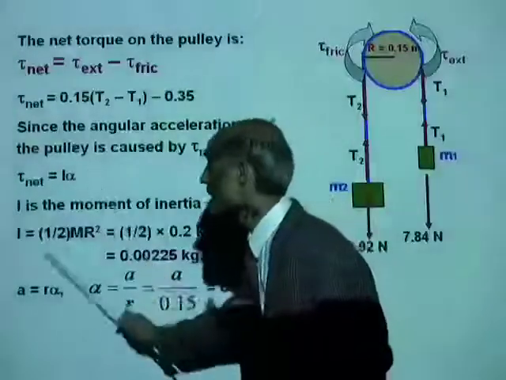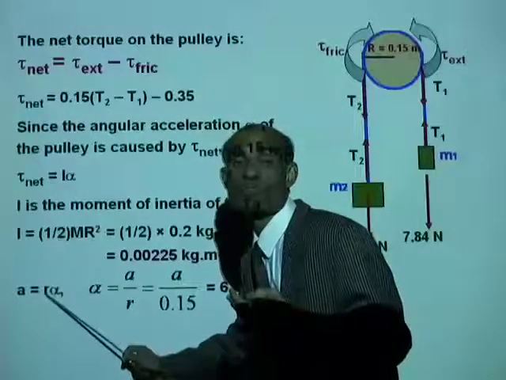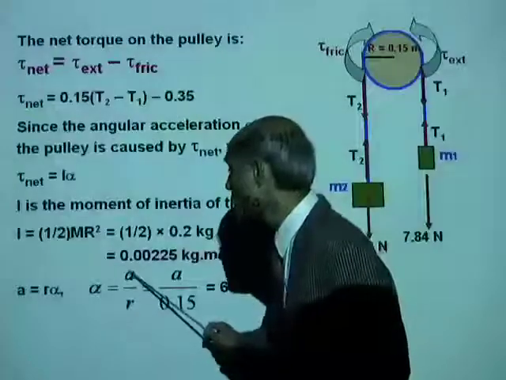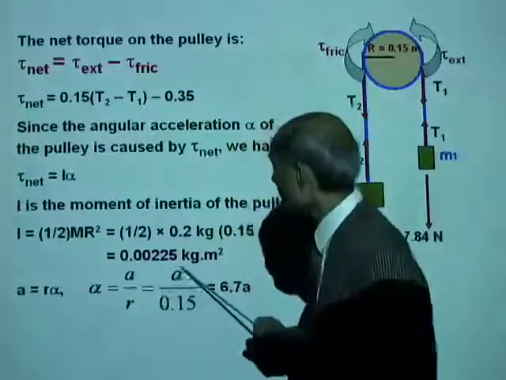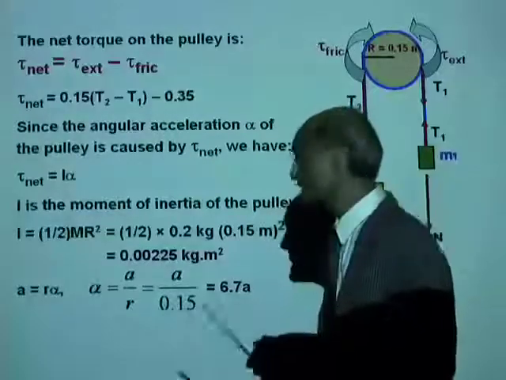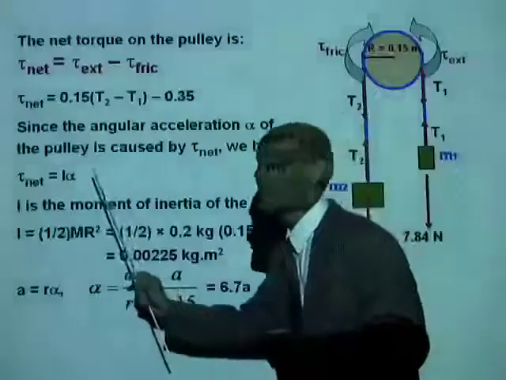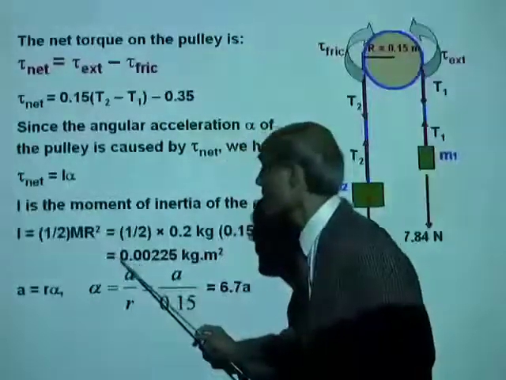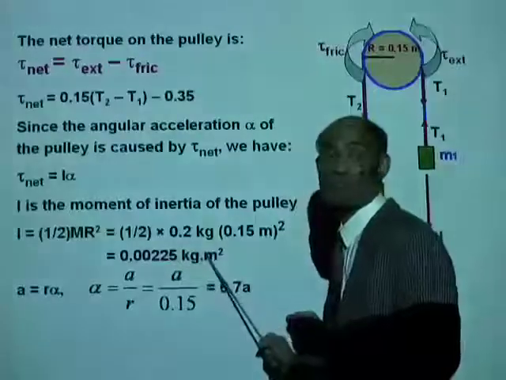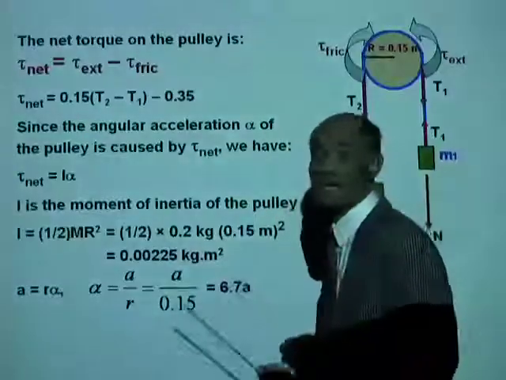So how did I do that? I know that a, the linear acceleration, equals radius times the angular acceleration. Therefore alpha equals a over r. That will be a over 0.15 meter, which is 6.7 a. And look at this. The value of I is 0.00225 kilogram meter squared, and alpha equals 6.7 a.